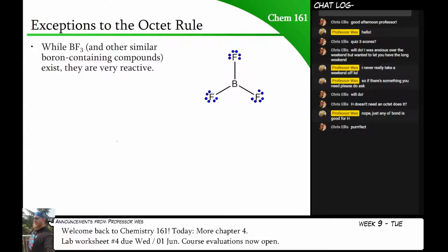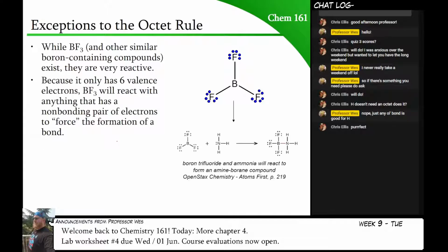We're going to approach that idea in a later section. We talk about formal charges. But it turns out that boron is very reactive and will react with something that has 2 electrons that can be given to it to form a bond. And so that looks kind of like this.